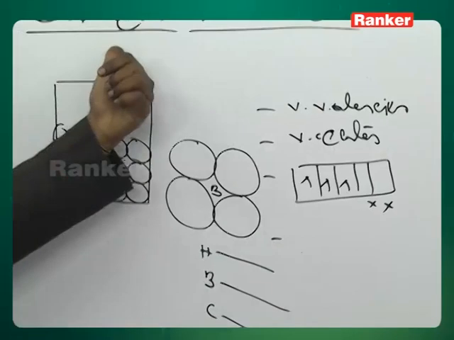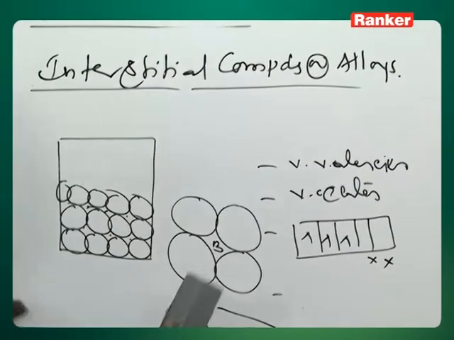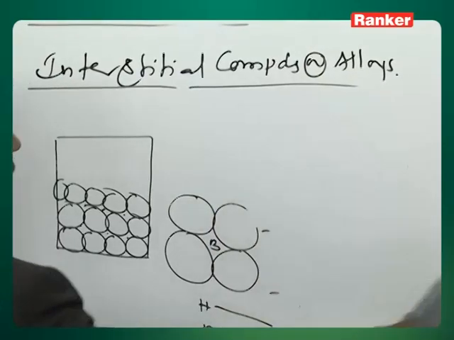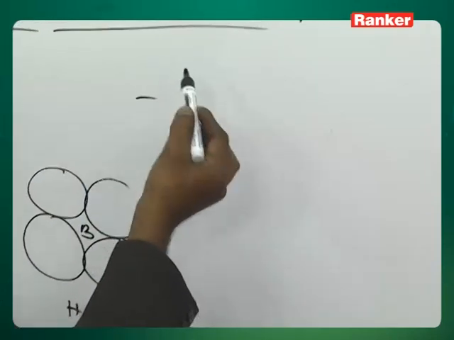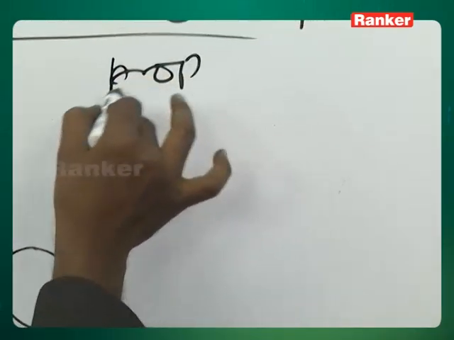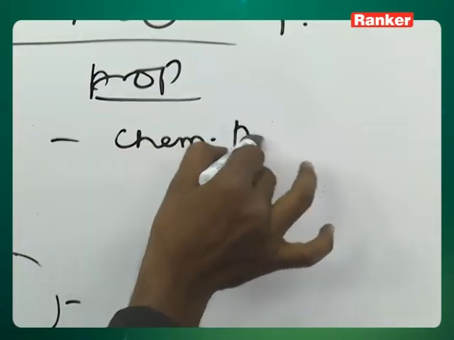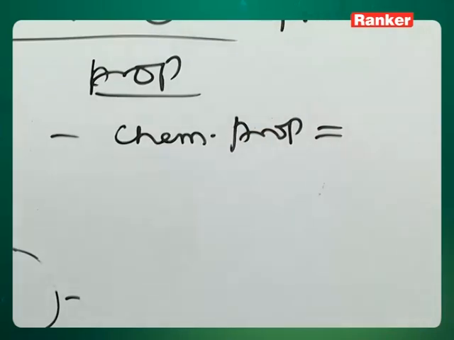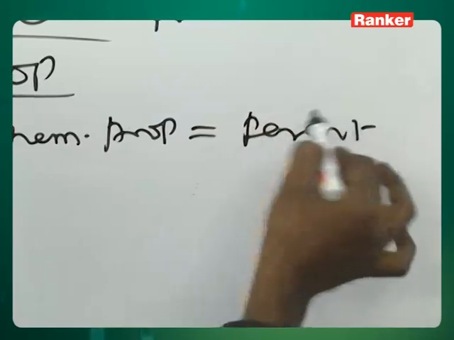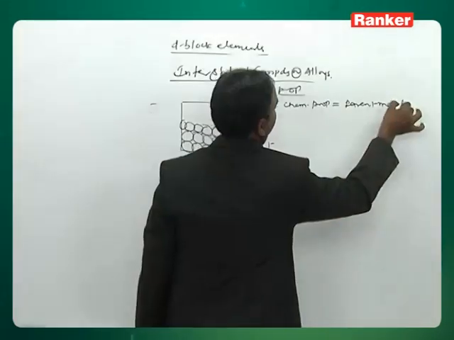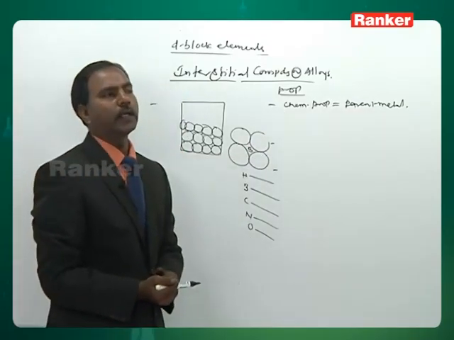Next, these interstitial compounds exhibit some special properties. What are the properties exhibited by these interstitial compounds? First one, their chemical properties are more or less identical to the chemical properties of the parent metal.